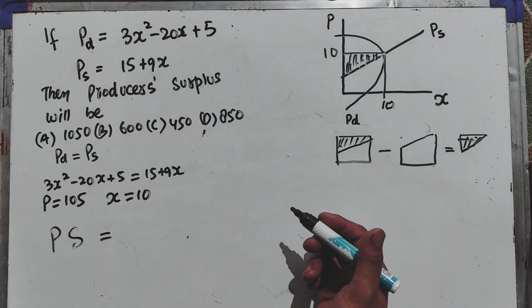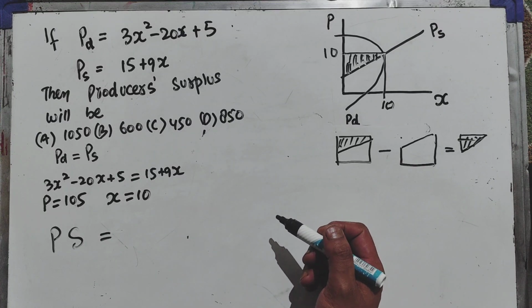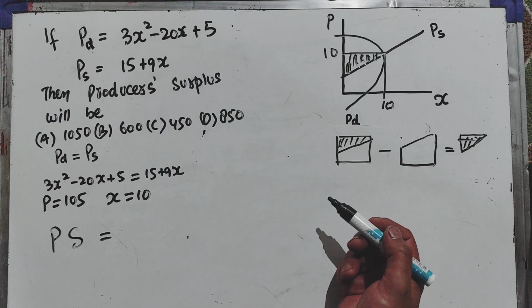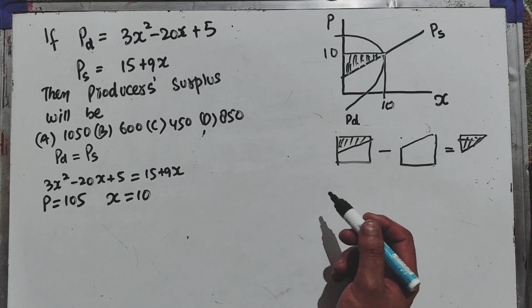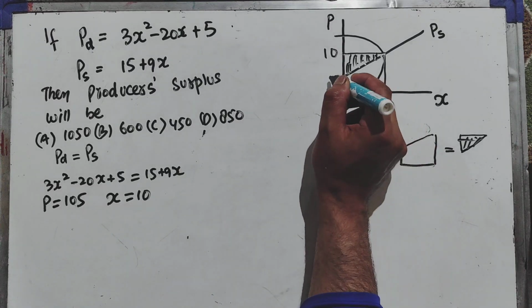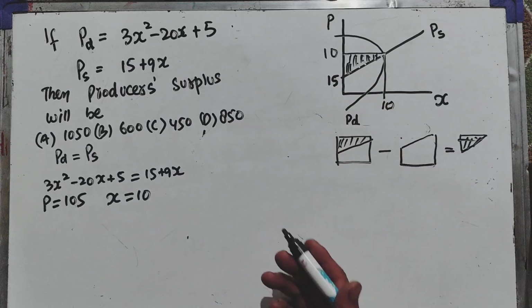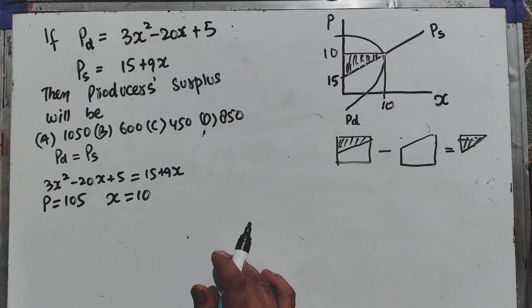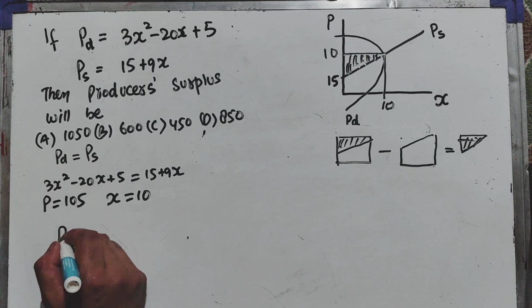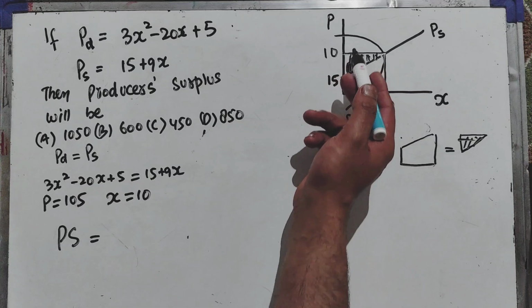We can solve it using two methods. First, graphically. We know the intercept of the supply function is 15. Since this is a right angle triangle, the producer surplus will be equal to the area of this very triangle.